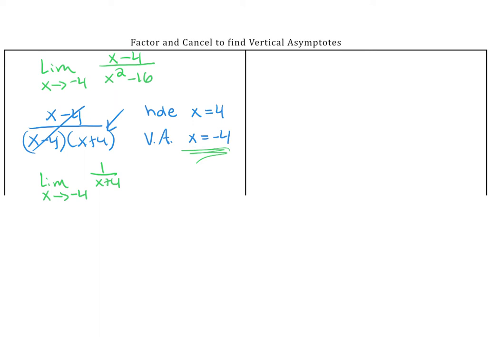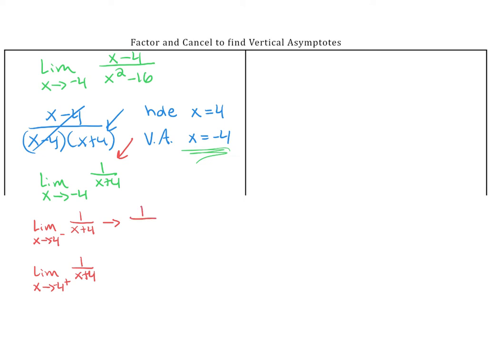Either you're going to get really good at memorizing what these graphs look like, or what we need to do is plug in values left and right to see if the two-sided limits are equal. So I'm going to look as we approach negative 4 from the left and then negative 4 from the right. If we do from the left, let's think about a number left of negative 4.